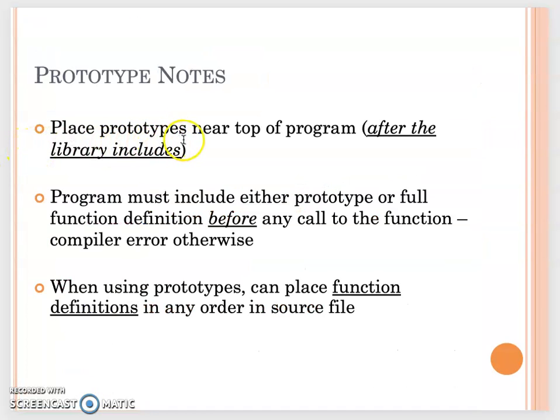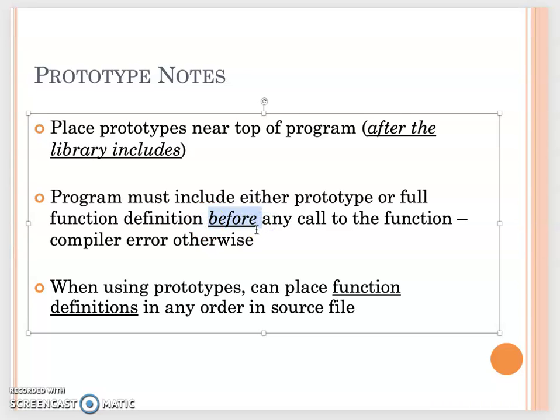So place the function prototype near the top of the program, after your library include and before the main. The program must include either a prototype or a full definition before the main function calls it. Otherwise, you will have an error. In the beginning, we showed you the full definition, but afterward, we want to have only the prototype before the main.